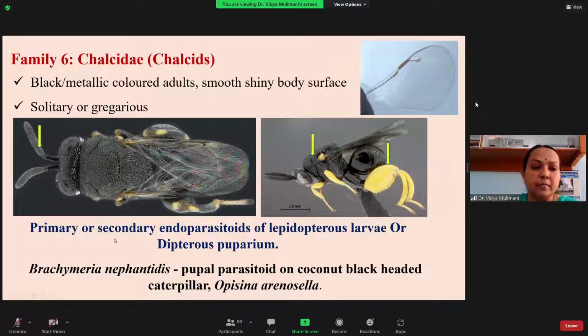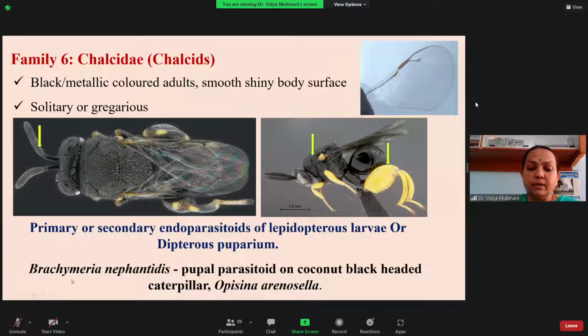You can see here, primary and secondary endoparasitoids of Lepidopteran larvae or Dipteran puparia. This has a particular character. Sometimes it behaves as a secondary endoparasitoid, which means it is called a hyperparasitoid. It does the job of a primary or secondary endoparasitoid, and Lepidopteran or Dipteran pupae are attacked.